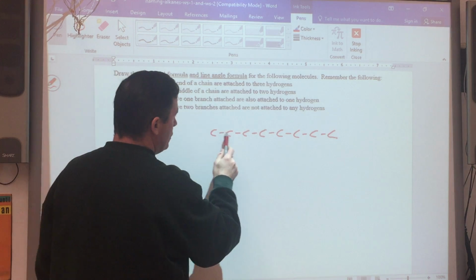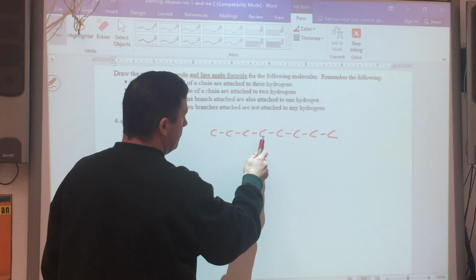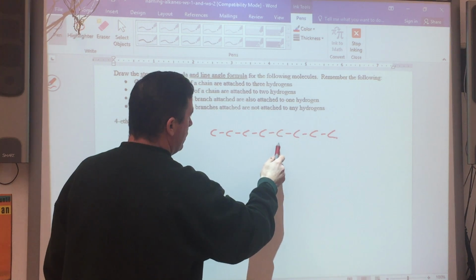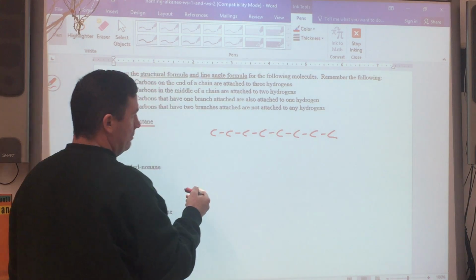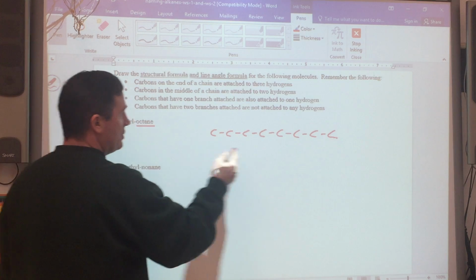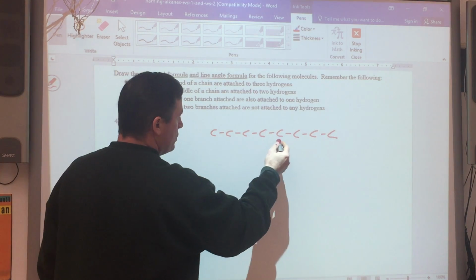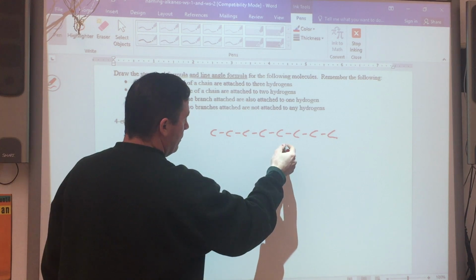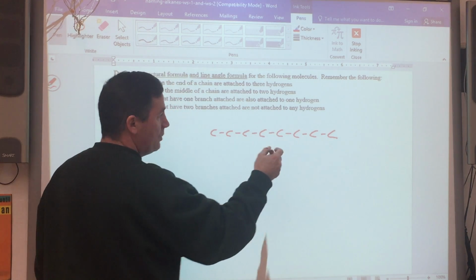Well, 1, 2, 3, 4 could be off of this one, or 1, 2, 3, 4 could be off of this one. Okay, so in this case, it probably does not matter unless the ethyl changes the number of carbons I've got. So if I put carbon here and here, remember ethyl is 2, I'm going to do it temporarily, don't draw it yet.